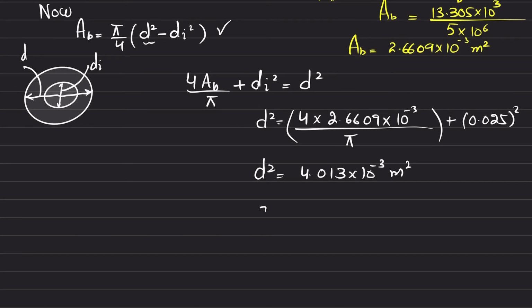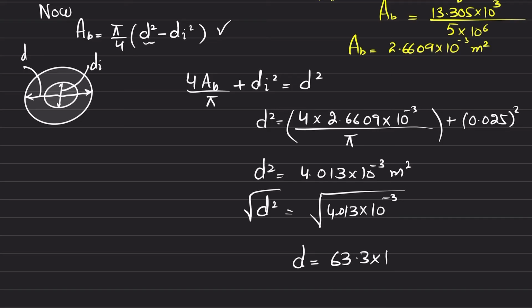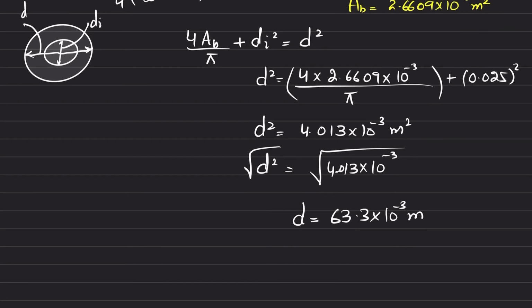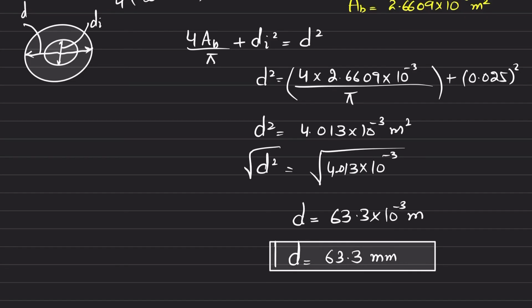If you take the square root on both sides, you get D equal to 63.3 into 10 to the power minus 3 meter, or in millimeter, D equal to 63.3 millimeter. So this is the outer diameter of the washer.